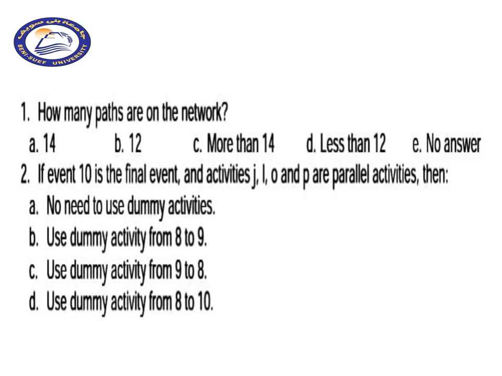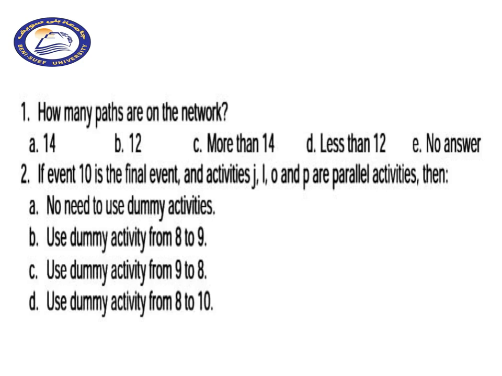So, going back to the questions given by the doctor in the exercise, how many paths are on the network? The doctor said that the right answer will be C, more than 14, as you can know.